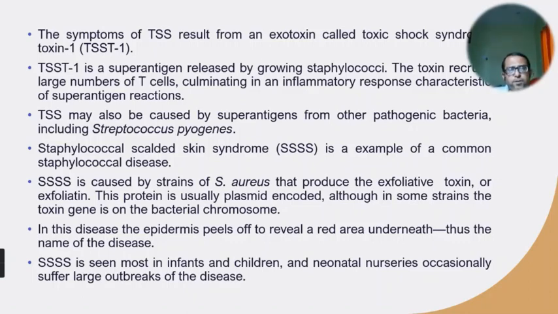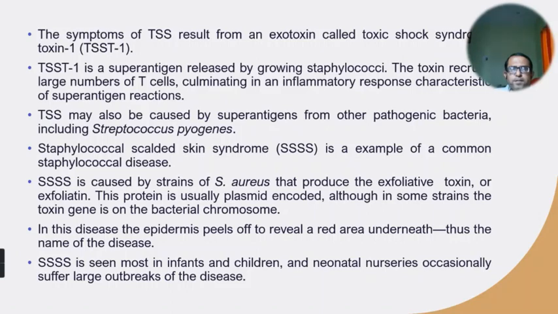Toxic shock syndrome is caused by an exotoxin produced by this bacteria, called toxic shock syndrome toxin 1, TSST1. It is a superantigen released by growing Staphylococcus aureus, and this toxin recruits a large number of T cells, causing an inflammatory response characteristic of superantigen reactions.